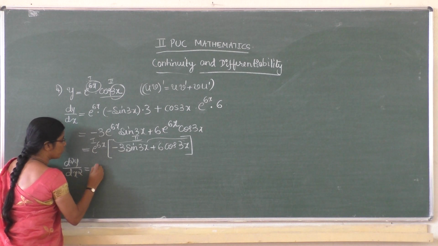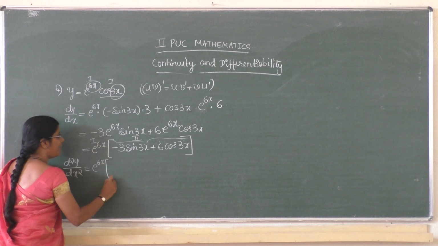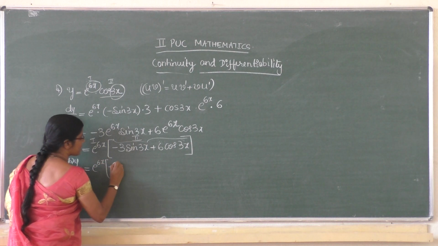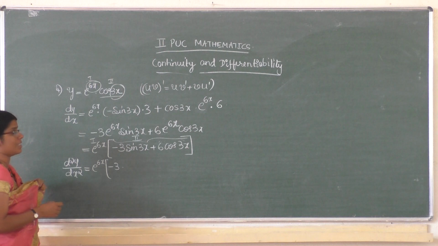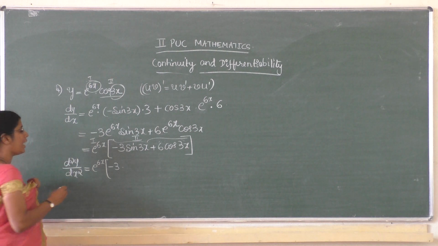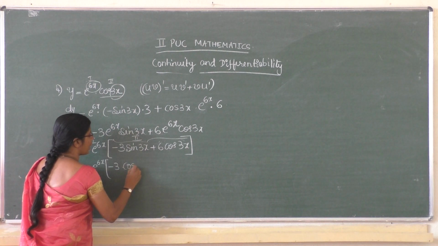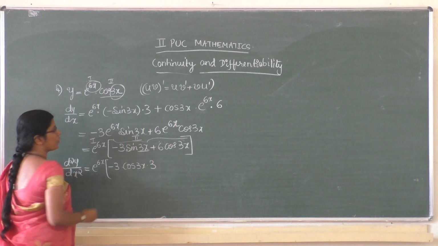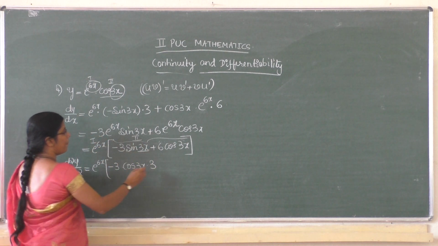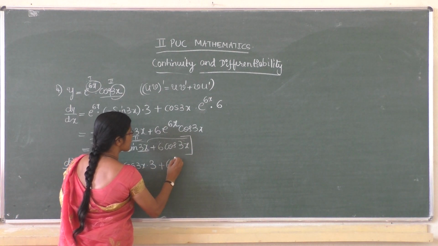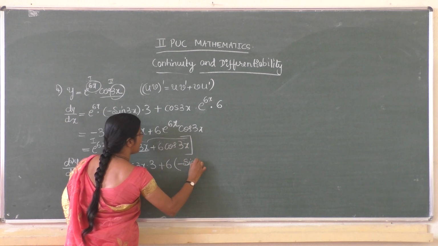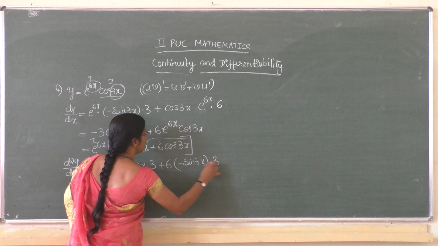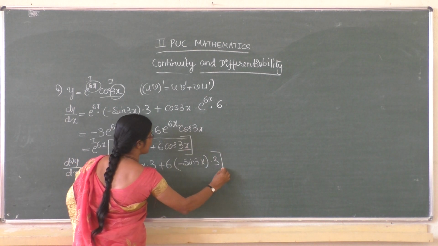That means e to the power 6x as it is, derivative of minus 3 constant, keep as it is. Derivative of sin 3x is cos 3x into 3, the coefficient, derivative of 3x, that is 3, plus 6 into derivative of cos 3x, which is minus sin 3x into derivative of 3x, that is 3.